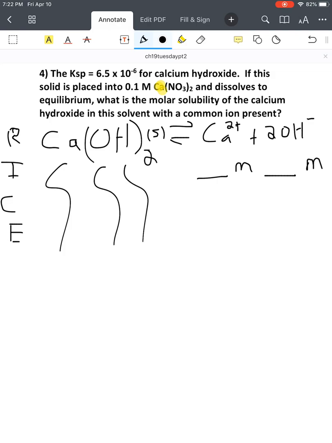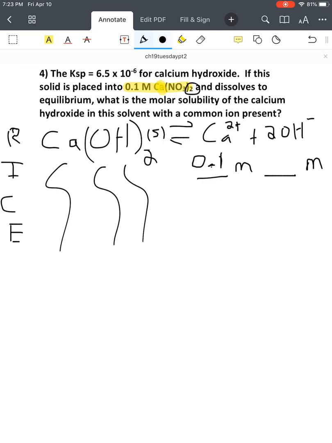So here's the thing. Because we have calcium in our solvent, we have to consider that. And when calcium nitrate, a strong electrolyte, dissolves in this solution, it produces 0.1 mole per liter of calcium ion, and also 0.2 mole per liter nitrate ion.